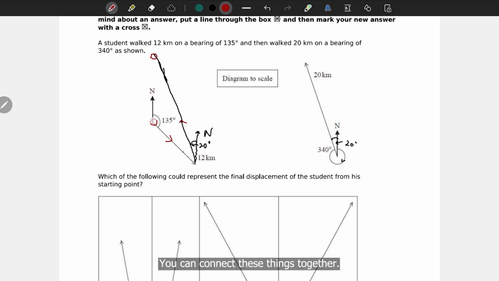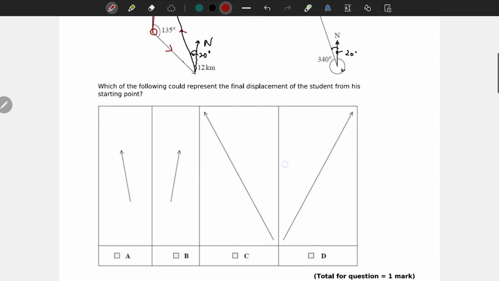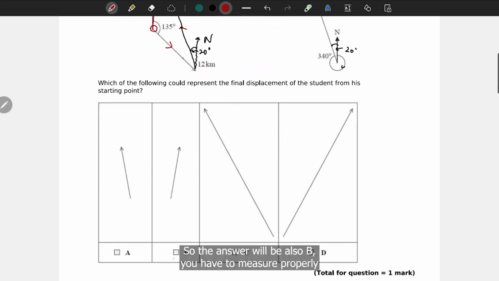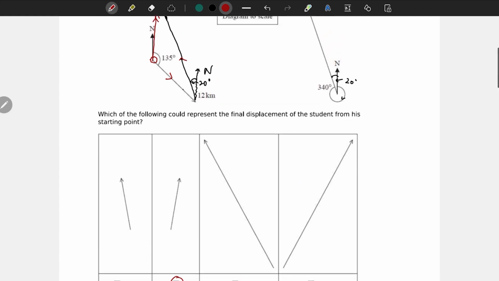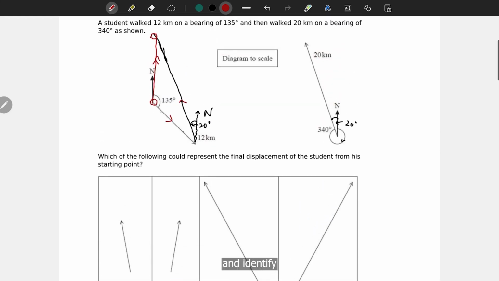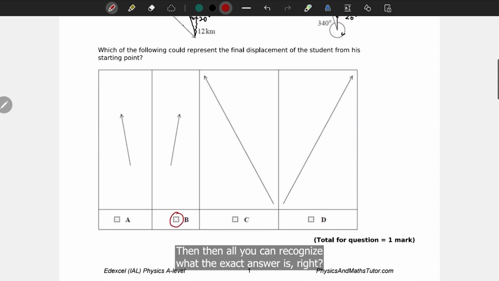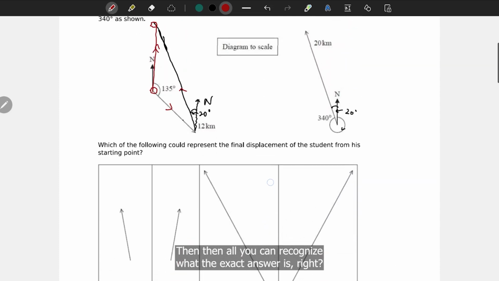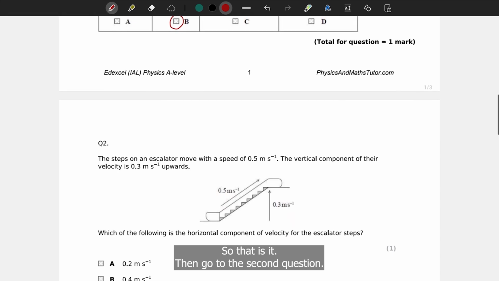You can connect these things together, you end up getting this answer, right? So the answer will be answer B. You have to measure properly and identify the length of this line. Then only you can recognize what the exact answer is, right? So that is it. Then go to part 2.